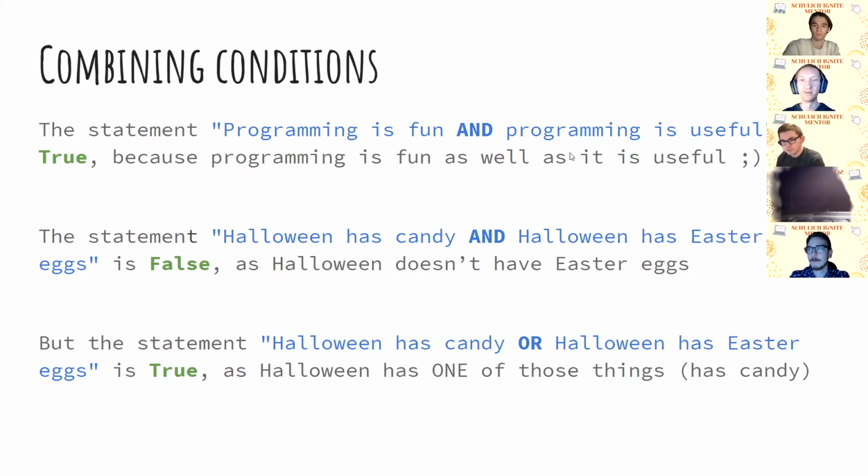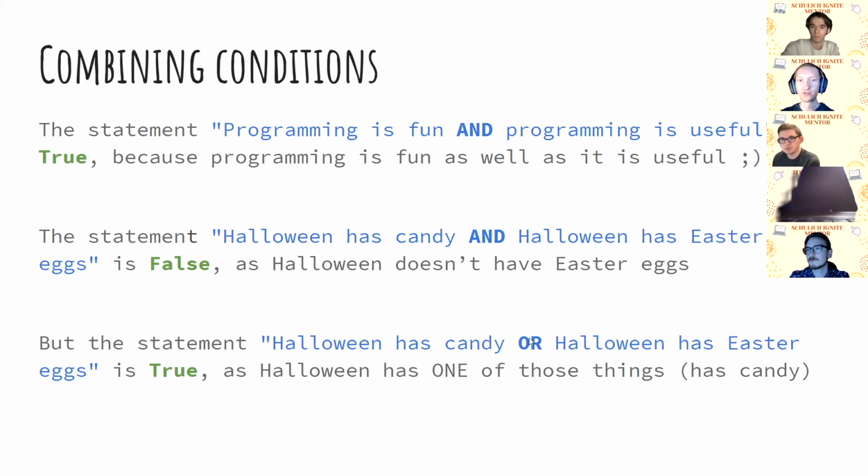If one of those parts was not true, so if we try to make a statement saying that Halloween has candy, that part is true, but Halloween has Easter eggs, that part is not true. So if we're saying that Halloween has candy and Halloween has Easter eggs, that overall statement is false because one part of it is not true.